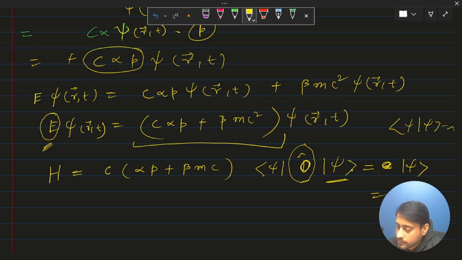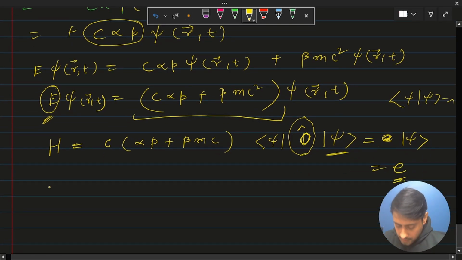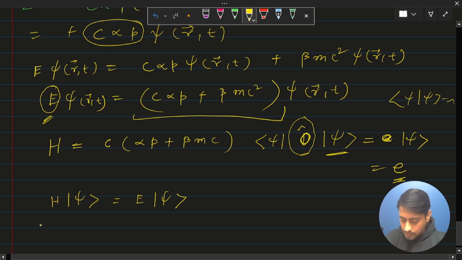So this imposes some condition on it. Let's just discuss it. For the case of the Hamiltonian, you know that the Hamiltonian acting on some wave function gives you the energy eigenvalue, and psi h psi should give you the energy.